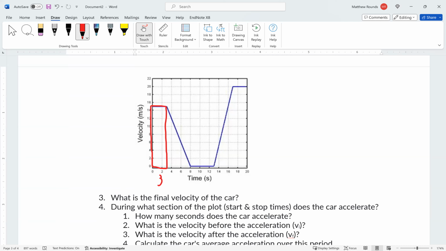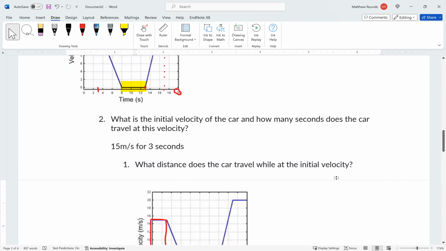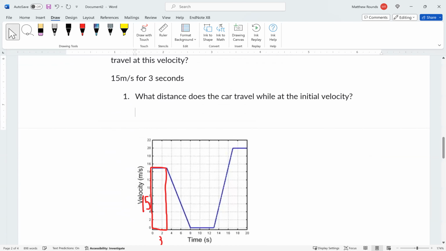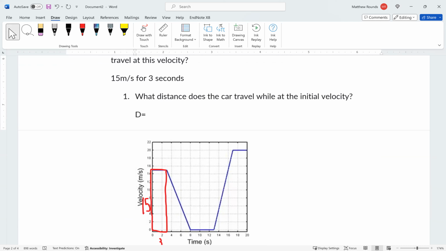So 3 and 15, that's 45. So distance equals 3 times 15, which is 45 meters.